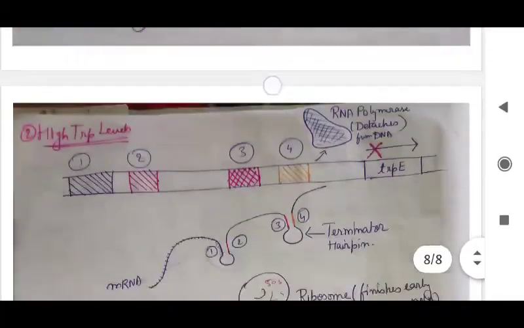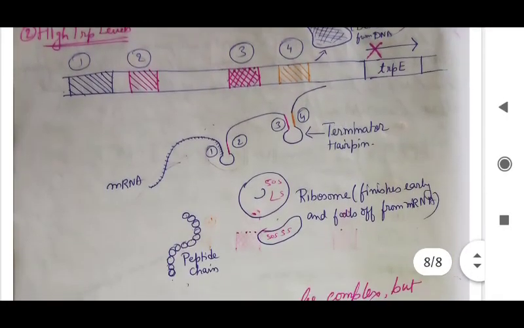So let us see. The ribosome quickly finishes the leader peptide and falls off from the mRNA. That's why a short peptide chain has been formed.